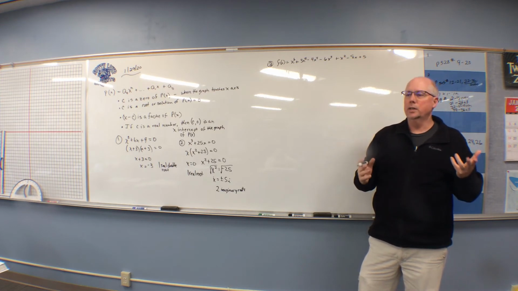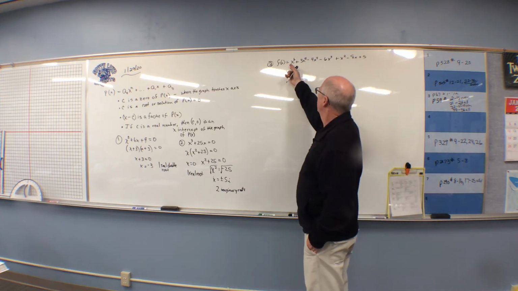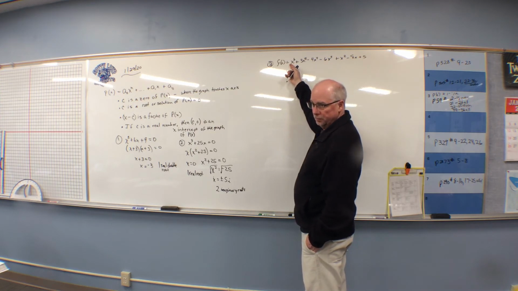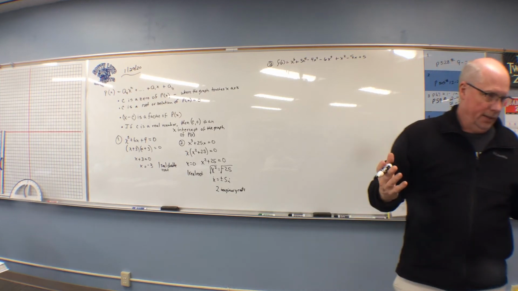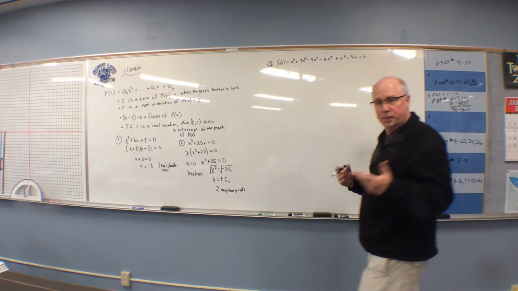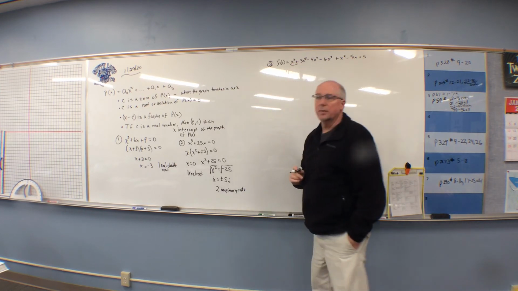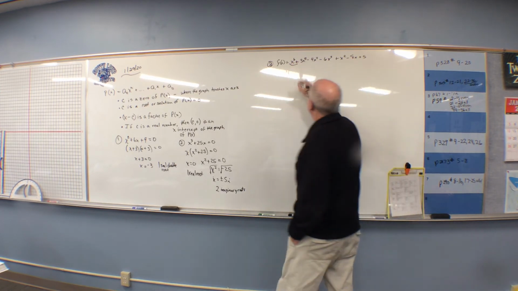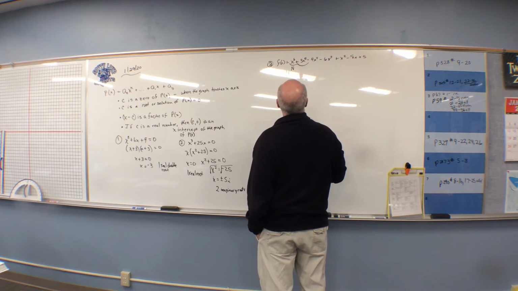What we look for is sign changes. What's the sign in front of the first one? Plus. There's nothing there, and since we assume that it's plus, is that a sign change from a plus to a plus? No, so we put an N for no. What about the next one?